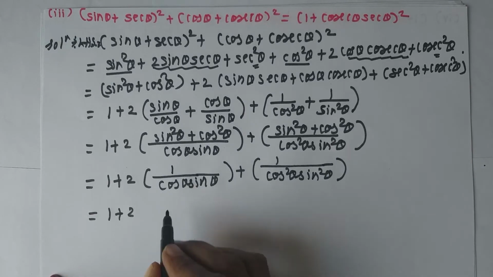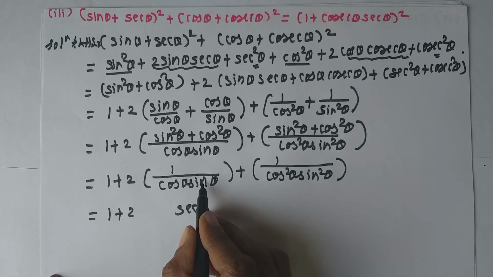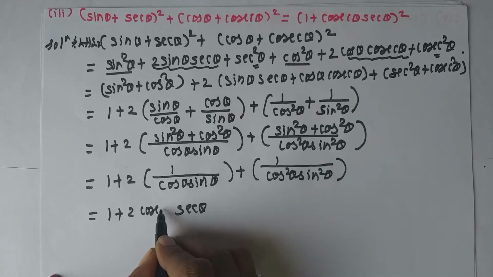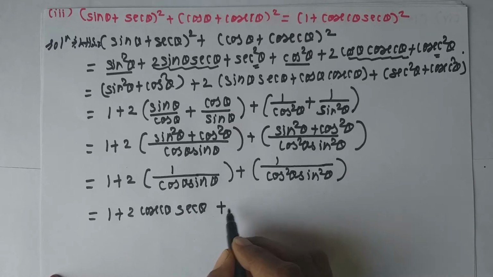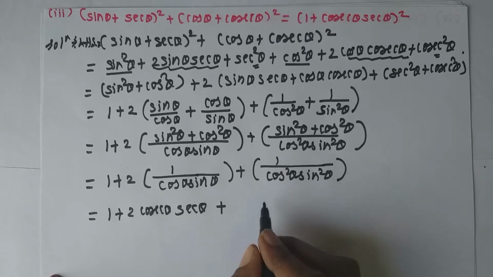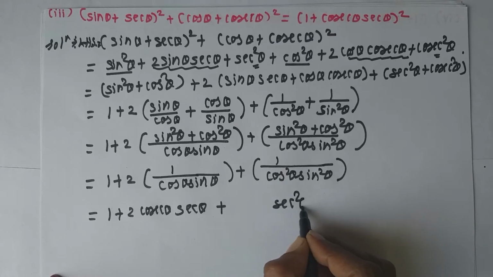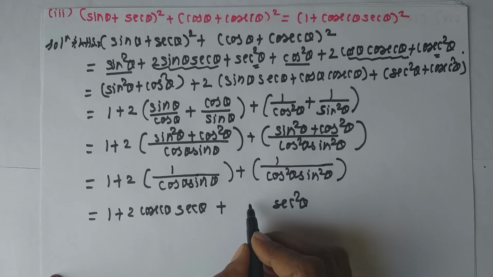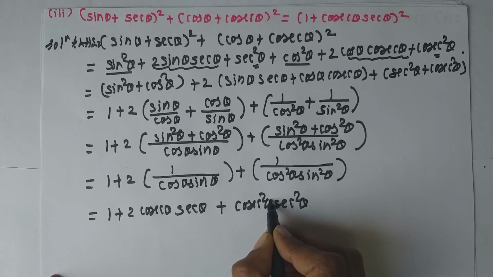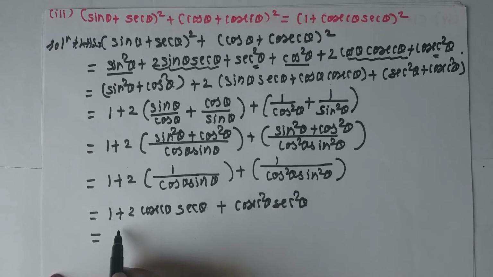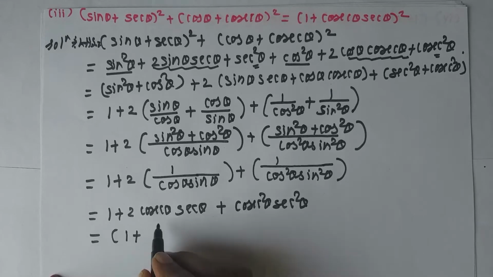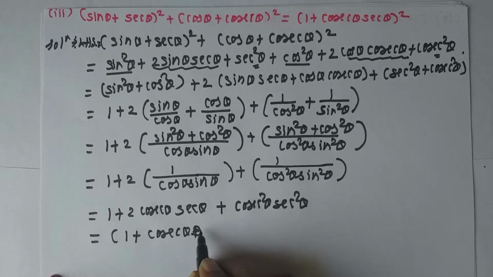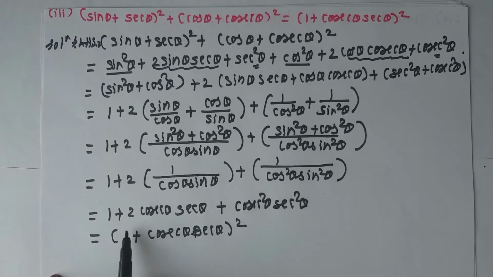1 upon cos theta means sec theta, and 1 upon sin theta means cosec theta. You write down this. Plus, here what is this? 1 upon cos square theta means sec square theta, and 1 upon sin square theta means cosec square theta. Okay. Now what is this? This is nothing but the expansion of 1 plus cosec theta into sec theta, bracket square.